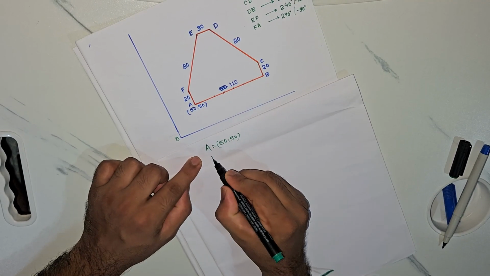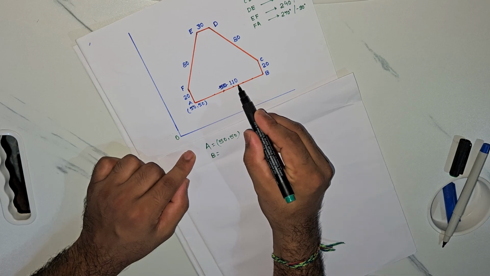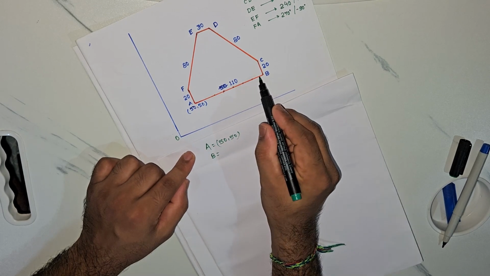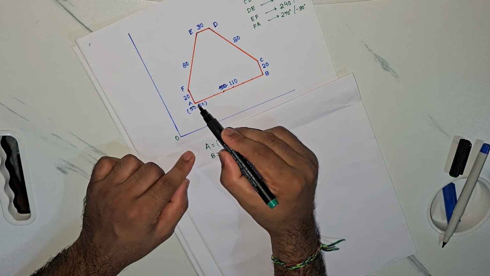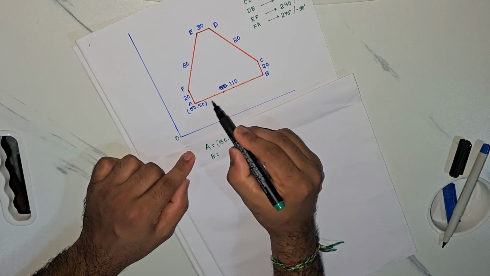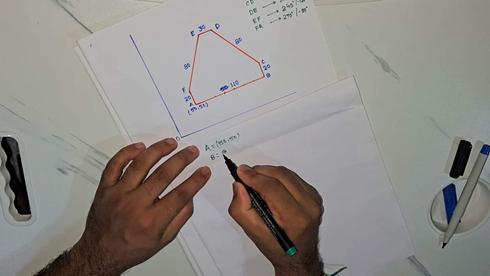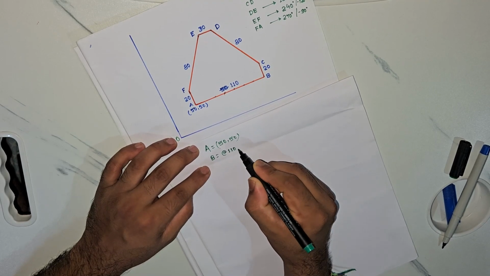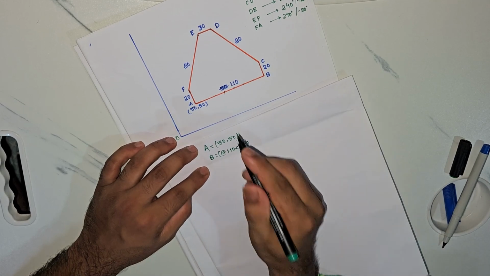Now for B, if you can see, B is 110 units away from A, but rotating in which direction? By what angle? The angle is 0 degrees. So what we can write is @110, this sign, and 0 degrees.